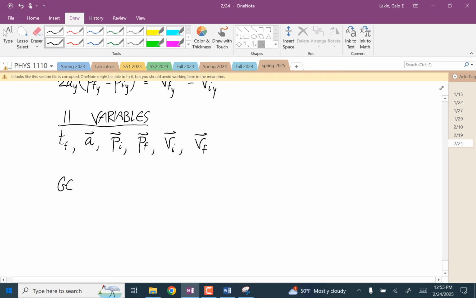Okay, so here are the general steps for using the constant acceleration equations.